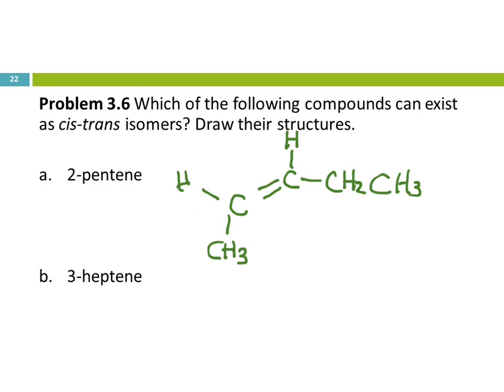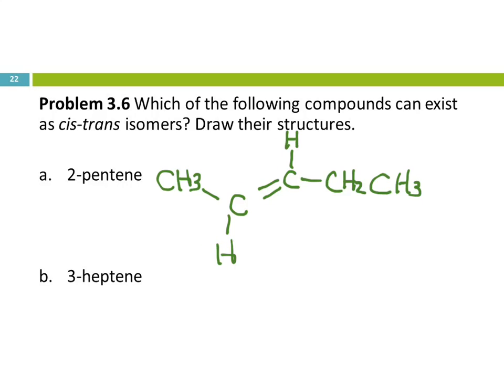Is there going to be another isomer? If I exchange the methyl group and the hydrogen, is that going to be different? Yeah, it will be. Because now, are the hydrogens on the same side or on opposite sides?